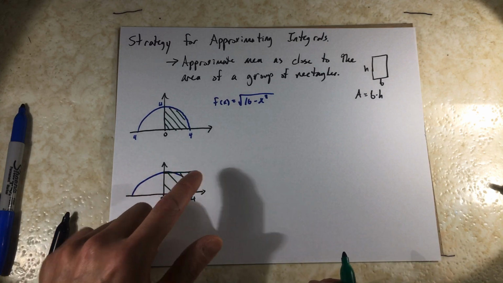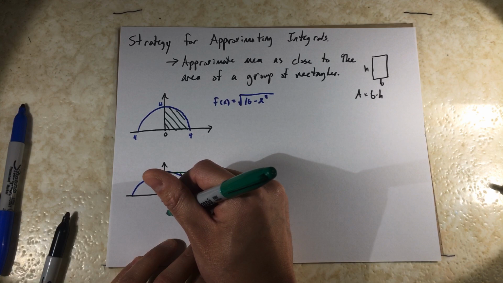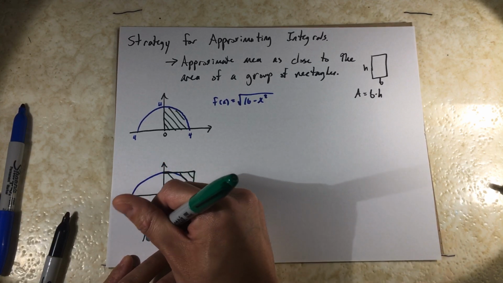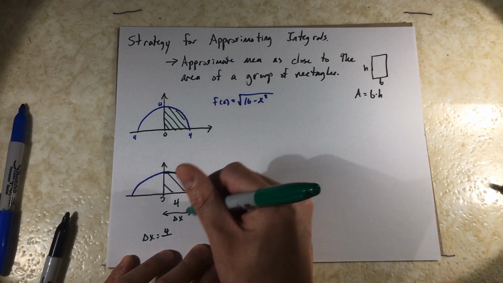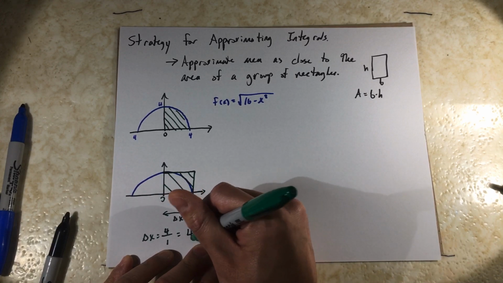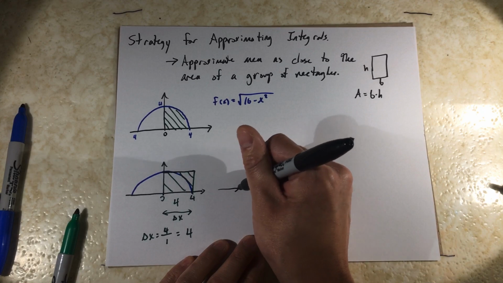You get a lot of area that you don't really want, but that's our first approximation. The width of this rectangle we're going to call delta x, and you can think of delta x as the distance, which is 4, divided by how many pieces you have. We're breaking it up into one piece, so that's equal to 4. All right. So that's our first approximation.